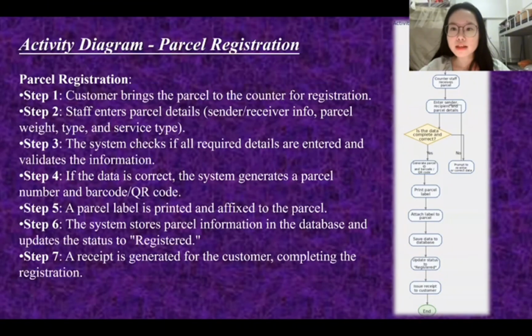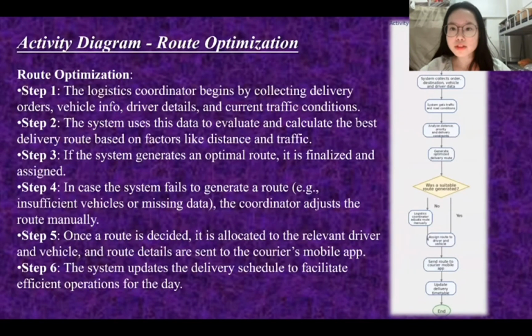If valid, the system generates a parcel number and a barcode. A label is printed, data is stored, and a receipt is issued. This improves speed and reduces human error. Next is the route optimization process.